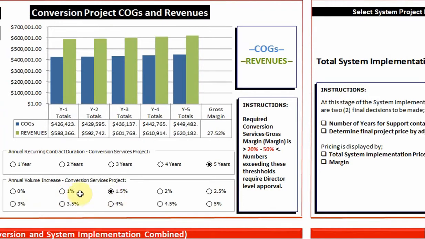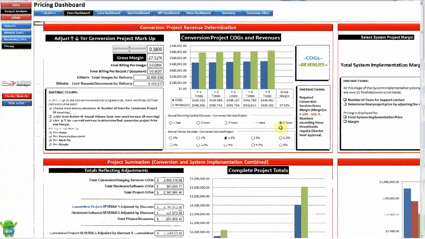And you see that your projected annual increase then is calculated against your COG, your cost of goods, and then your requested markup margin or per item fee then is reflected in your revenues appropriately. So we'll go back to Microfilm Services here.